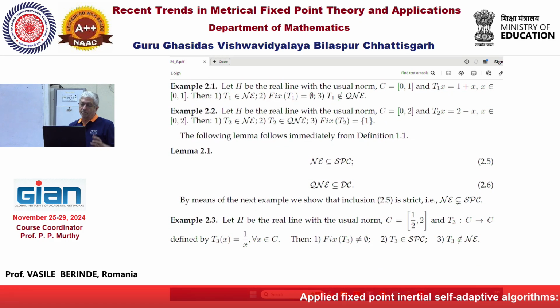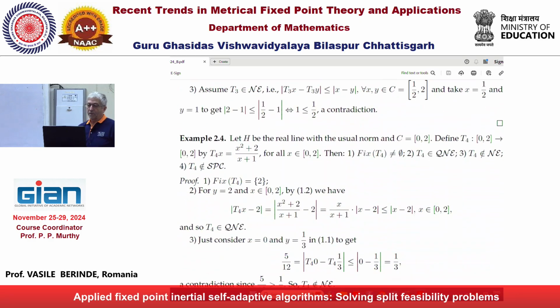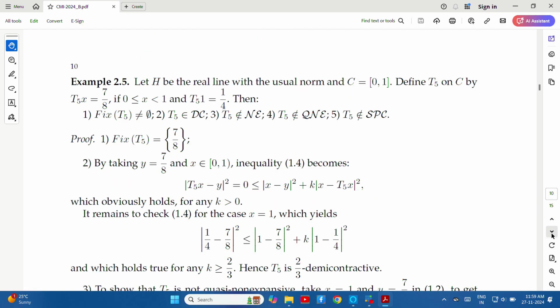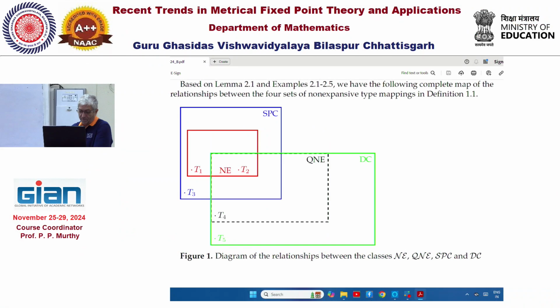Here is the whole content of what I presented, including these examples treated in great detail, and the diagram I mentioned is here between these four important classes of non-expansive type mappings.